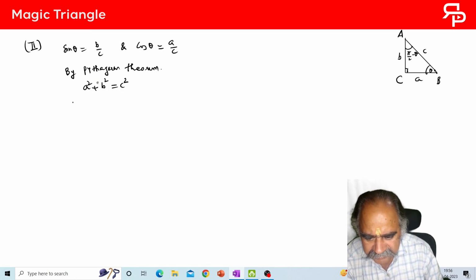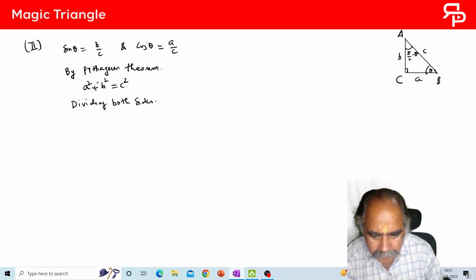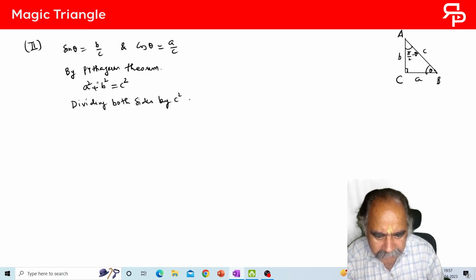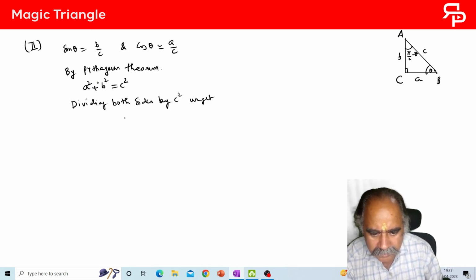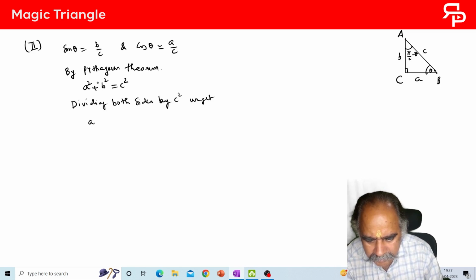Dividing both sides by C square, we get A square upon C square plus B square upon C square is equal to C square upon C square.